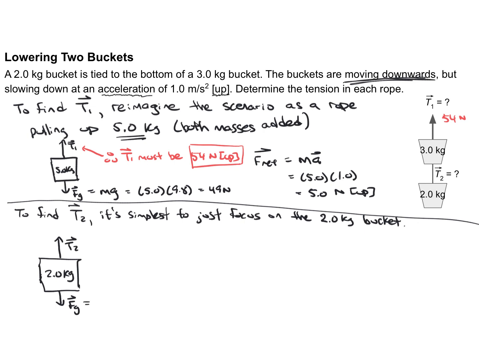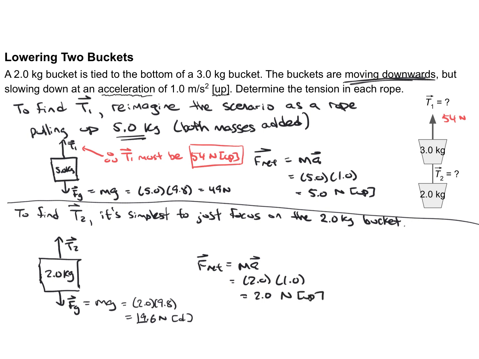Okay, so this is going to work the exact same as above, just with the 2 kilogram object. So the force of gravity is mg. That's 2 times 9.8. That's 19.6 newtons down. That's only good to 2 sig figs, so I underlined the 1 and the 9. I'll get my net force again with F equals ma. So 2 kilograms times 1 meter per second squared equals 2.0 newtons up.